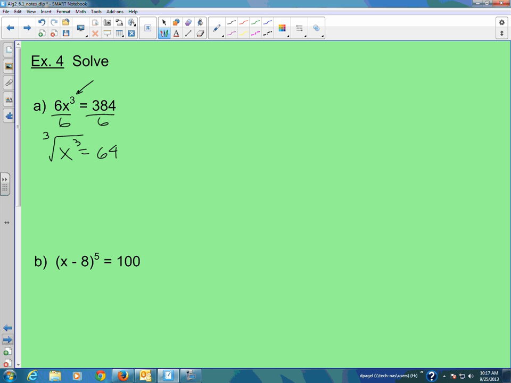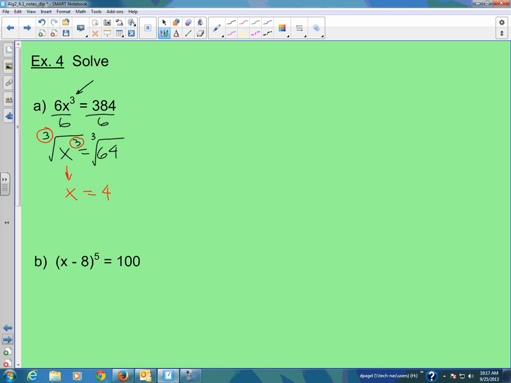If I have a cubic power of 3 and I want to get rid of it, I have to use a cube root. Once the radical index number and the power on the inside match, then just the radicand comes out. And the cube root of 64 I know is 4.